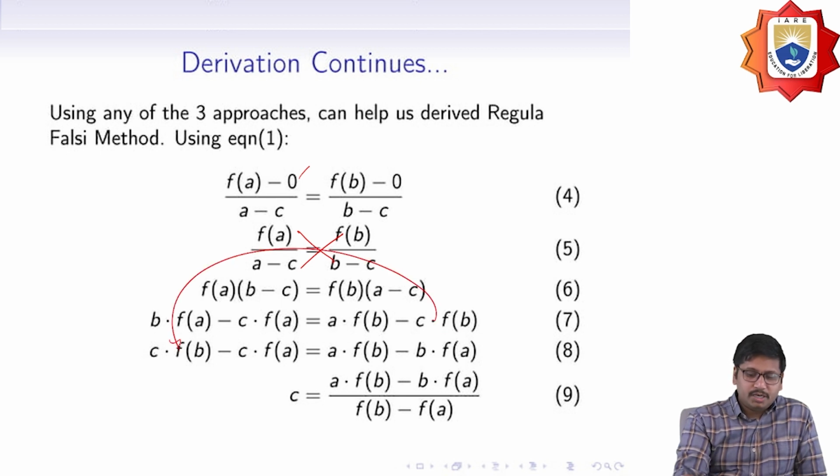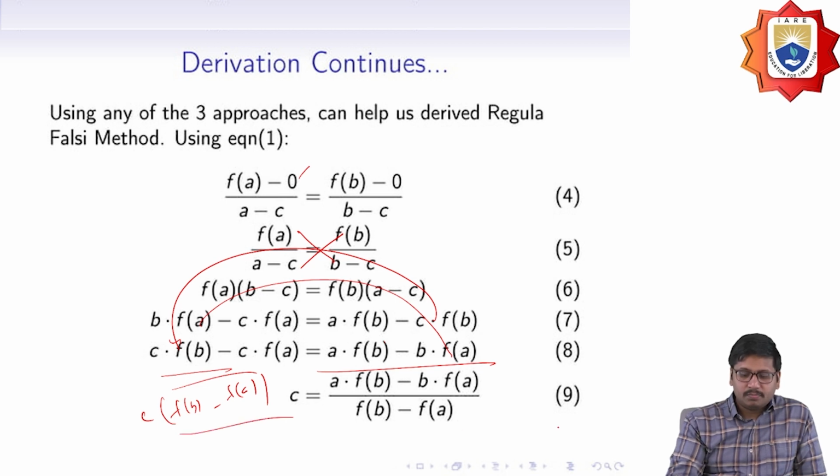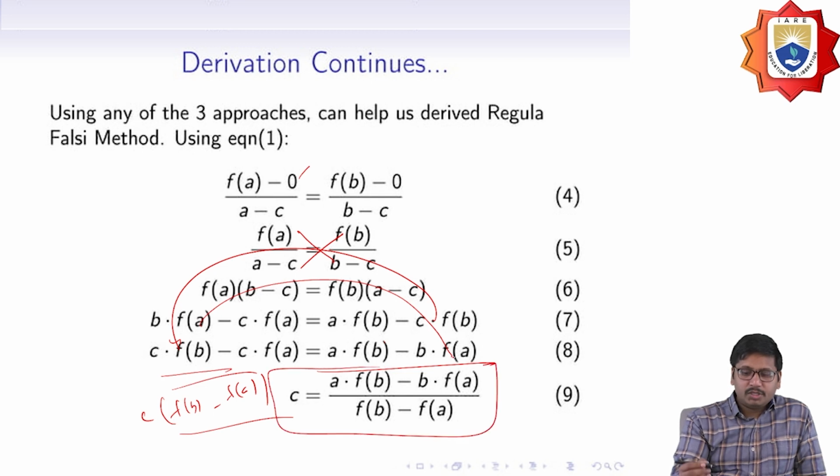I'm going to shift terms to this side, so c into f(b) minus c into f(a) equals a into f(b) minus b into f(a). Where c comes on one side, by making c common, c times (f(b) minus f(a)) equals this, so c equals this one by this one. And this should be the final equation for c.